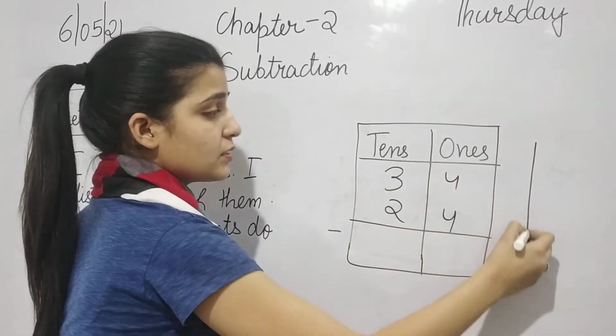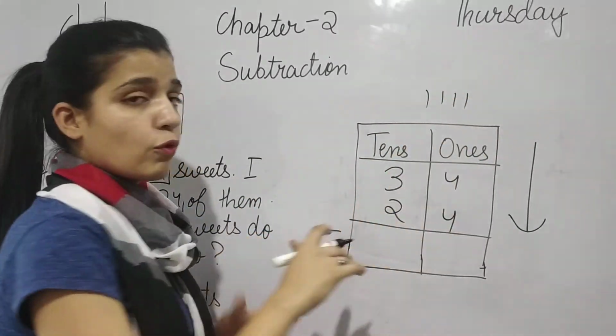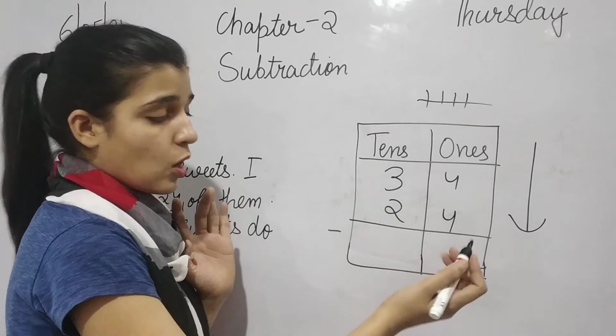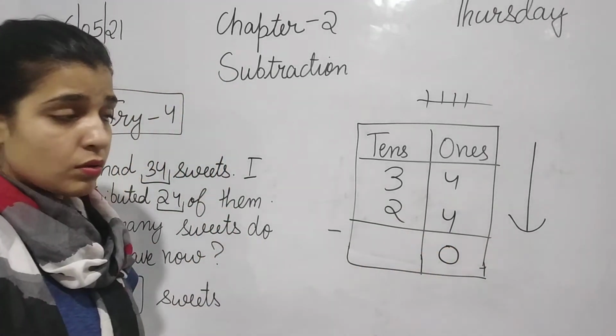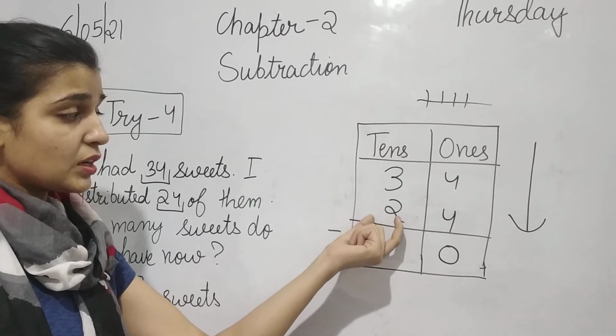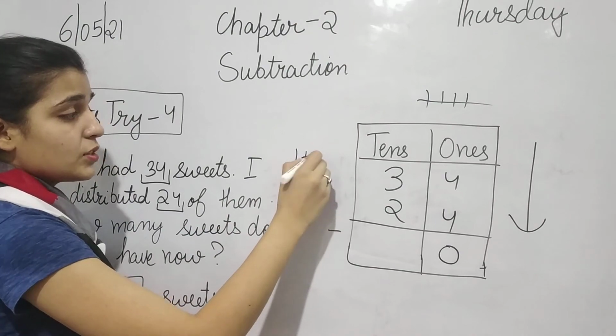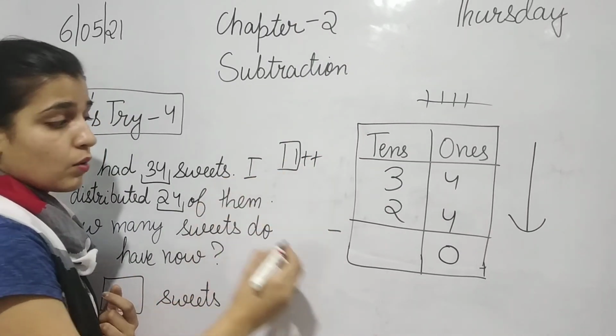So subtract ones first. 4 minus 4, 1, 2, 3, 4. 4 में से 4 sweets हमने किसी को दे दिए, तो how many we have now? 0. Now 3 में से 2 को माइनस करो. Now we have to subtract 2 from 3. So 1, 2, 3, subtract 2. 1, 2. So how many sweets we have now? 1.